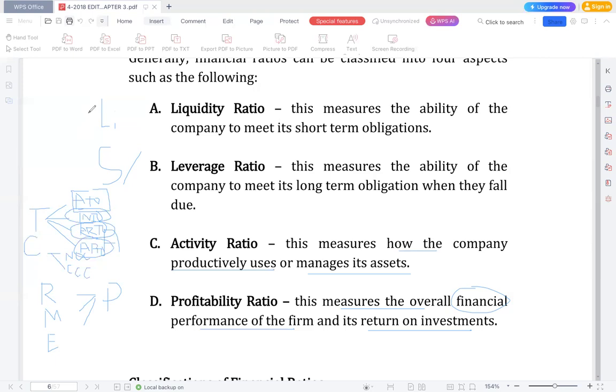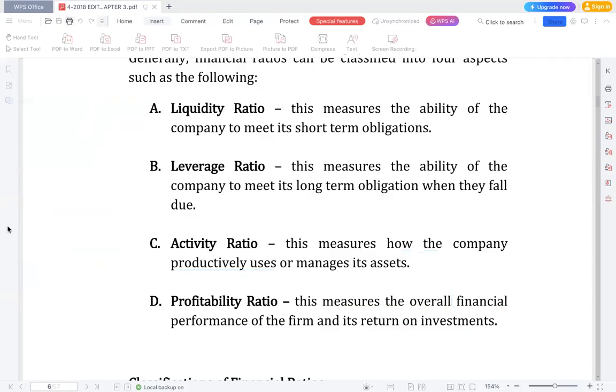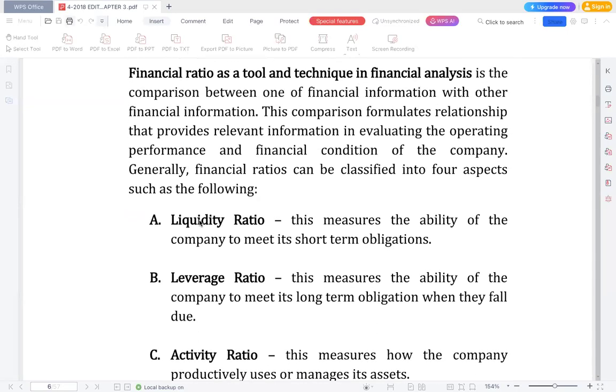On the other hand, leverage ratio provides the debt ratio, equity ratio, debt to equity ratio. So we're going to discuss the different classifications of these ratios as we cover the topic on financial statement.